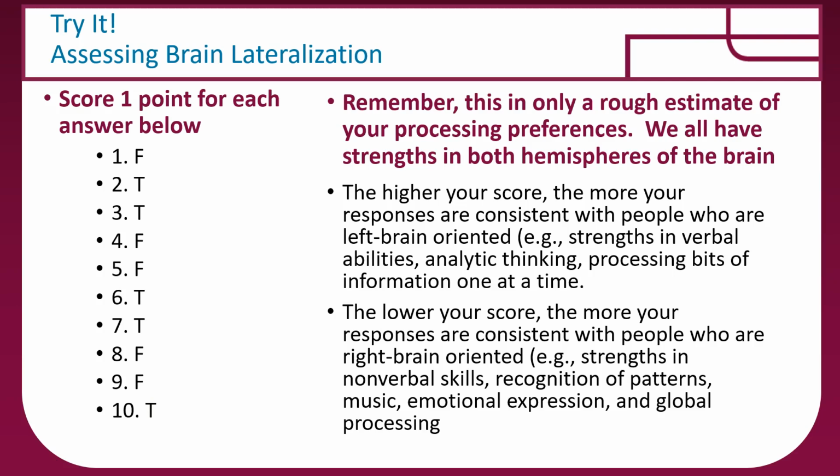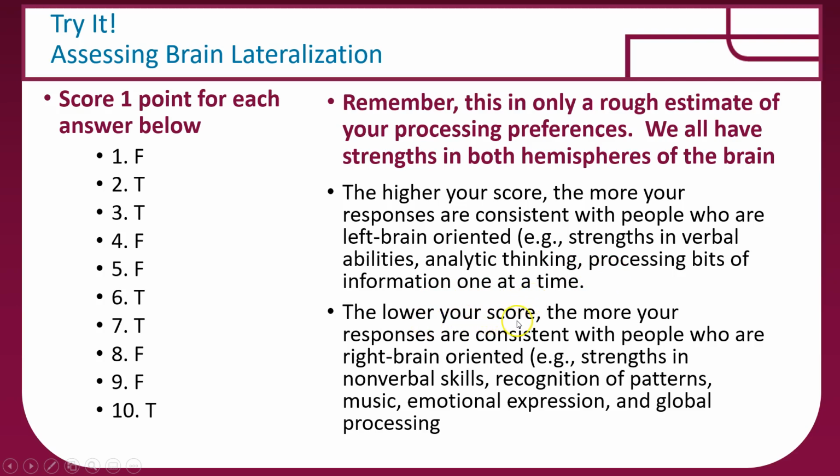And again, remember, this is a rough estimate of your processing preferences. This is not scientific, not a clinical psychology test. But basically, the higher your score, the more your responses are consistent with people who are left brain oriented, which means they have strengths in verbal skills, analytic thinking, processing bits of information one at a time.